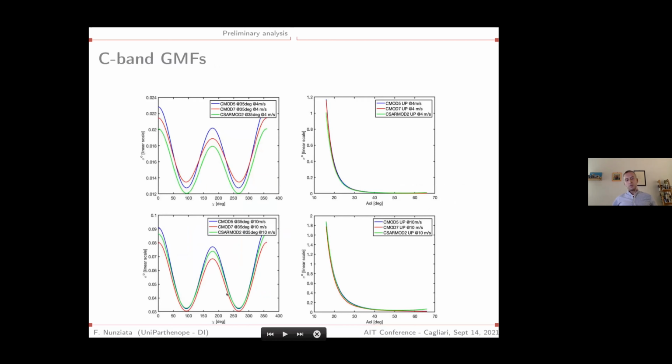In this preliminary experiment, I'm just showing the GMFs we are going to adopt in this processing chain. For the C-band, we selected the state-of-the-art C-band model functions, the so-called CMOD family, coming from the scatterometer heritage.